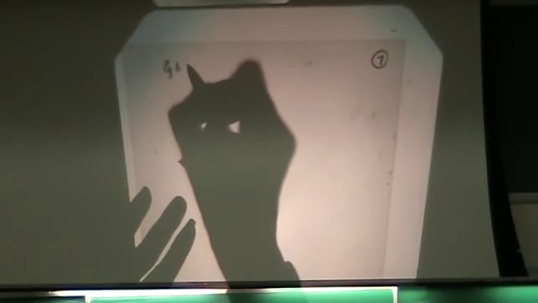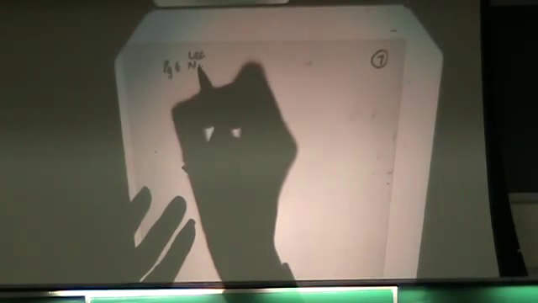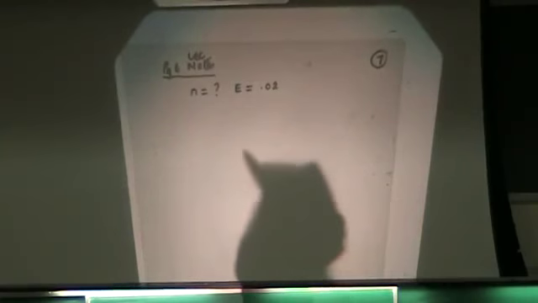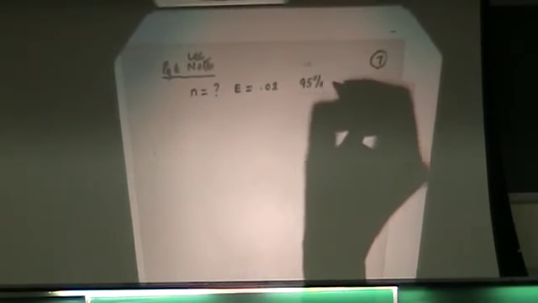So this is page 7, page 6 of the lecture notes. How large a sample, that means n equals question mark, would you need if you want a margin of error 0.02 at a 95% confidence level?